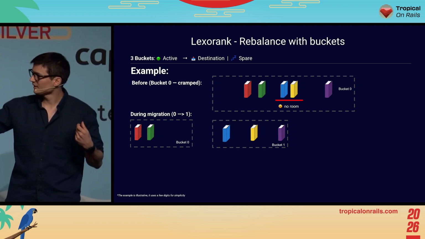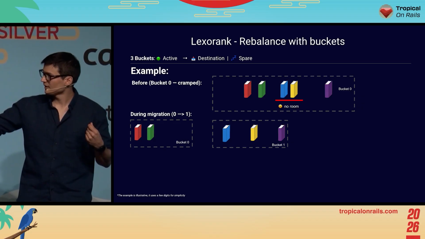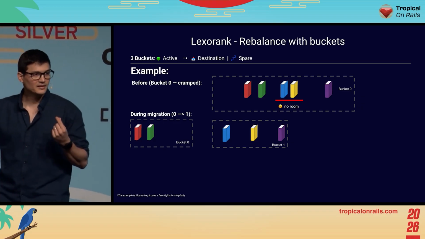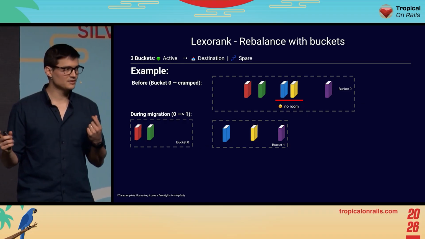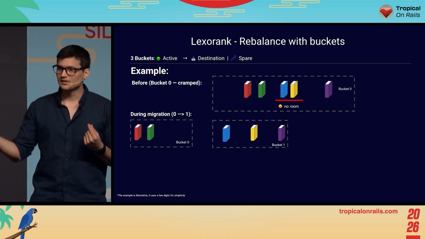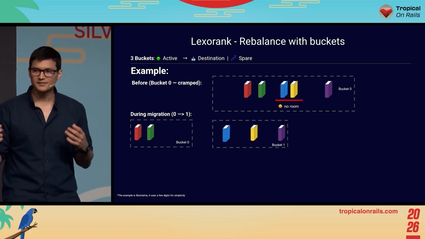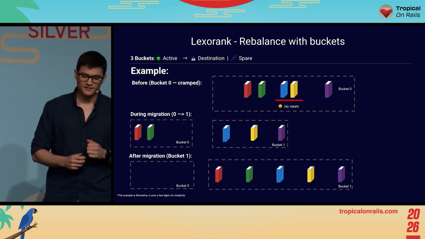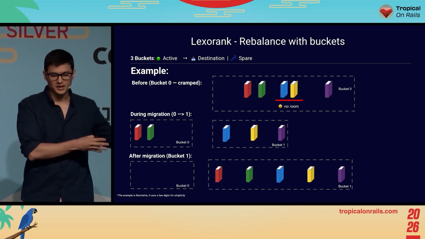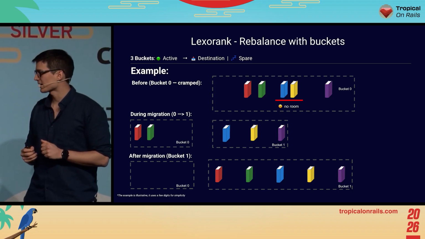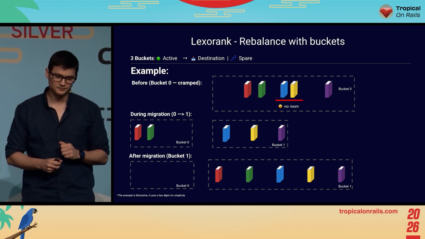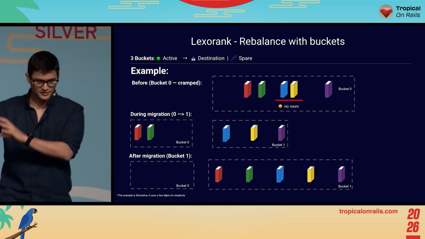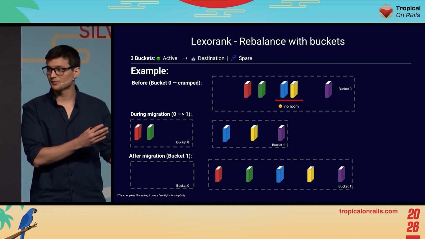And on the left side, my red and green are not rebalanced, and they are still in bucket 0. At this point in time, any user can insert or reorder without having to lock the entire row. And finally, I migrate the remainder of the books to the new bucket, bucket 1. And then again, from bucket 1 to bucket 2, and then from bucket 2, we migrate all of them to bucket 0.